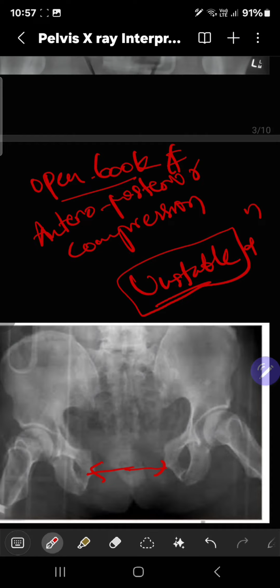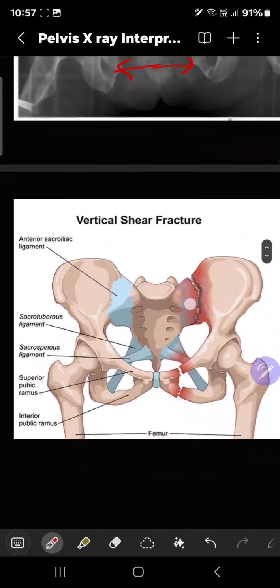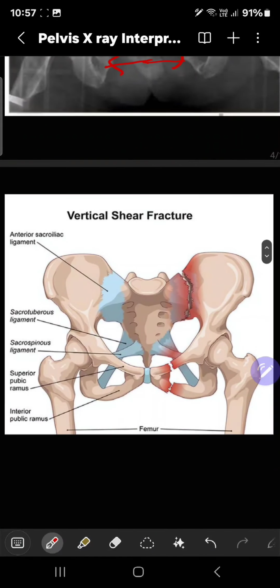That's why it is very important, especially for these patients, who will go into hemorrhagic shock immediately, and it is very fast. The next one is the vertical shear fracture. In a vertical shear fracture, what happens?